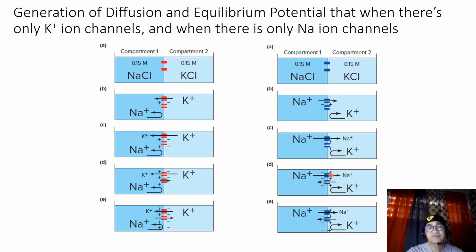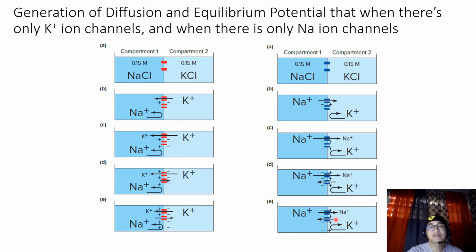Now, there comes a point when the diffusion of sodium from compartment 1 to compartment 2 and the diffusion of sodium from compartment 2 to compartment 1 will be equal, or net zero. At this point, equilibrium potential for sodium between compartment 1 and compartment 2 is established.